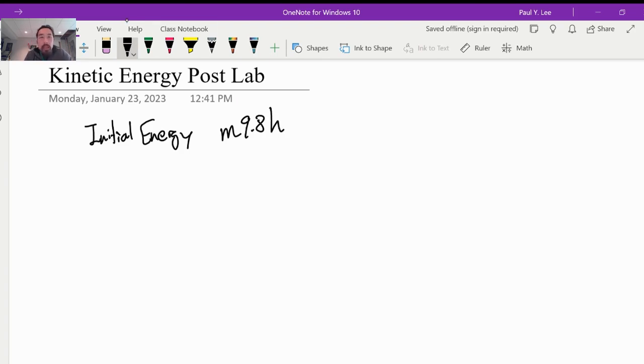Now, this is actually a formula that we use in physics, and it's called potential energy, right? So U and lowercase g. And I'll go over what each of those variables mean in a couple of seconds.